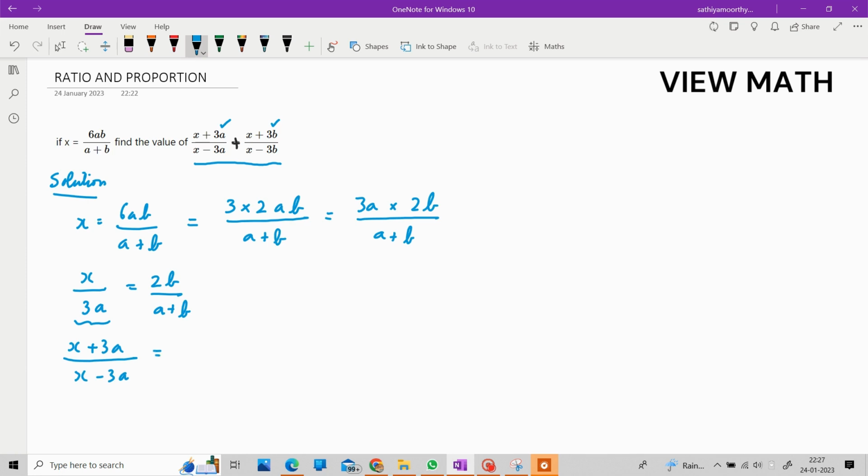This is equal to, on the right hand side, (2b + a + b) divided by (2b − (a + b)). Applying componendo and dividendo.